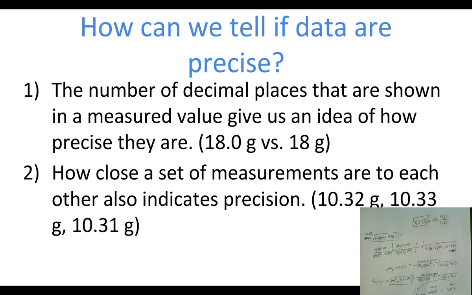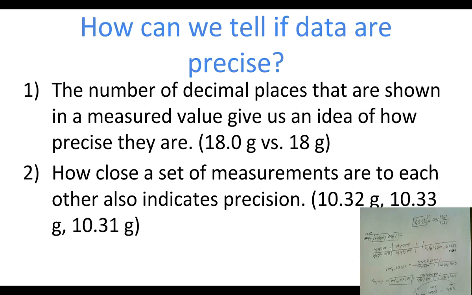Okay, so two ways we can tell if data are precise. All right, we measure precision based upon the number of decimal places that are shown in the value, okay, in the measurement. So 18.0 grams versus 18 grams. Now, value of 18 and 18.0 are the same.